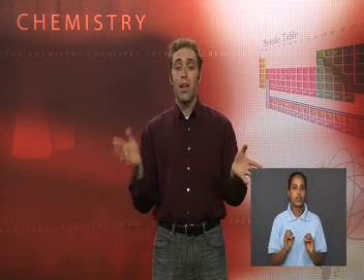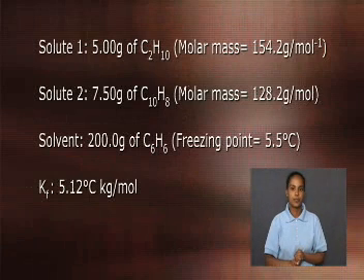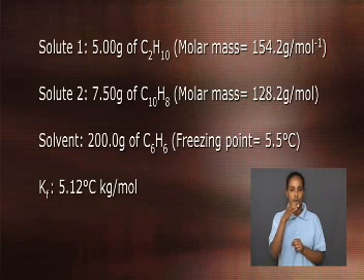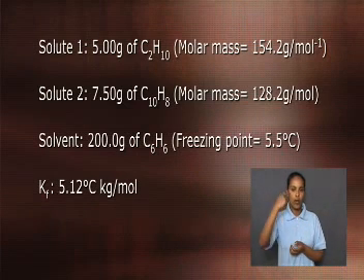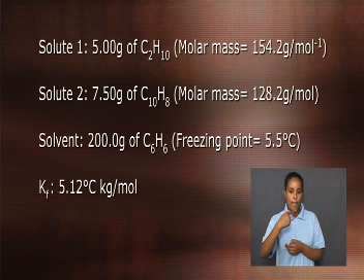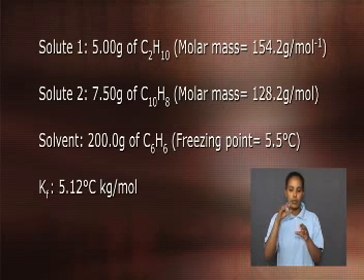Students, now that we have done this example together, you are ready to try an activity on your own. Calculate the freezing point of a solution of 5.00 grams of diphenyl and 7.50 grams of naphthalene dissolved in 200.0 grams of benzene.